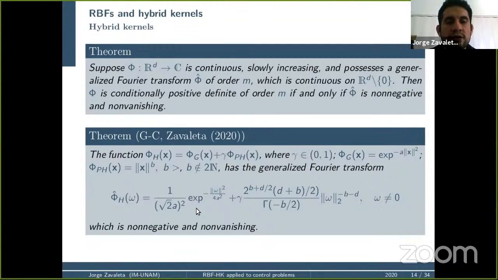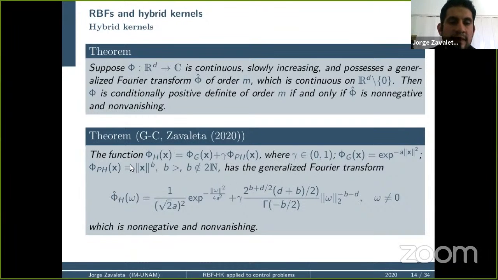To do this, we characterize the radial basis function through its Fourier transform. We use a theorem that is classical in radial basis function theory, an extension of Bochner's theorem, that characterizes positive definite functions through their Fourier transform.